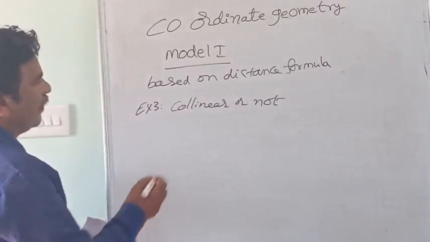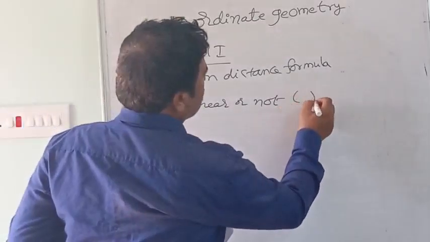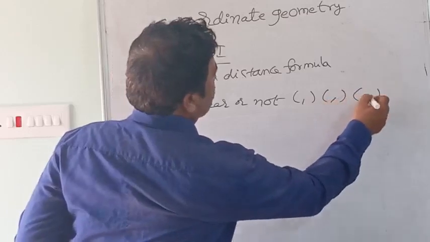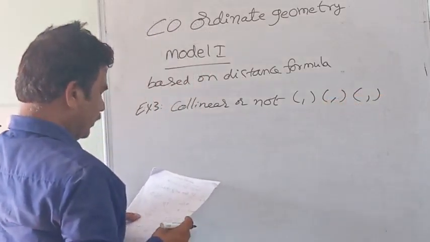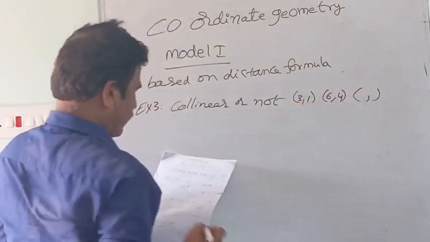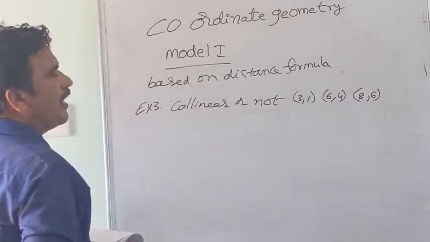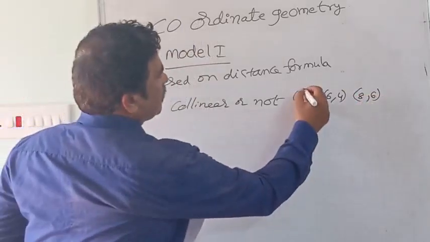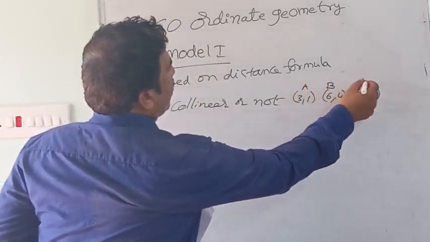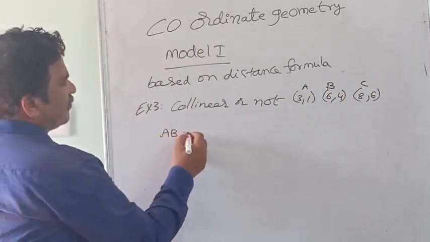Example 3, collinear or not. He'll give 3 points. For example, the points are 3, 1, 6, 4 and 8, 6. Check whether they are collinear or not. Assume these are points A, B, C. Find the distance AB.